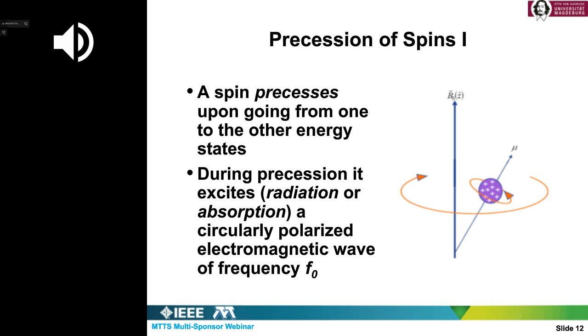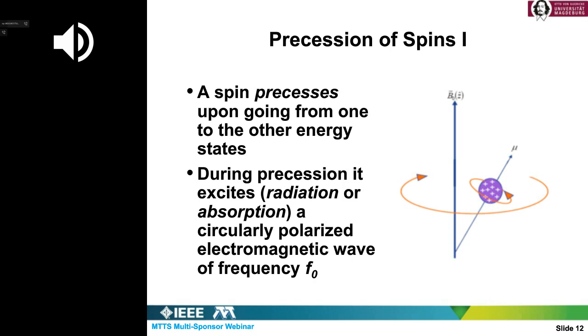If you want to bring certain particles from lower to higher, you must inject energy. And this energy has the form of a circularly polarized magnetic field at what is called the Larmor frequency. The Larmor frequency, as we will see in the next few graphs, is proportional to the gyromagnetic ratio, this gamma.